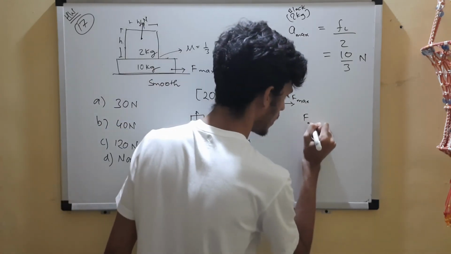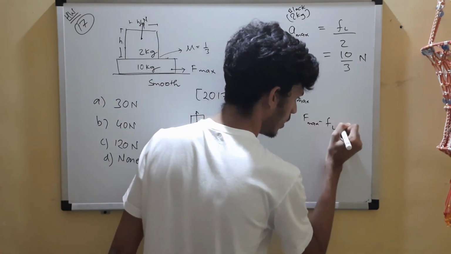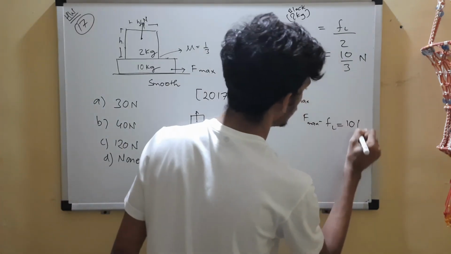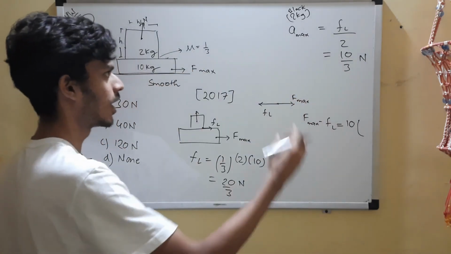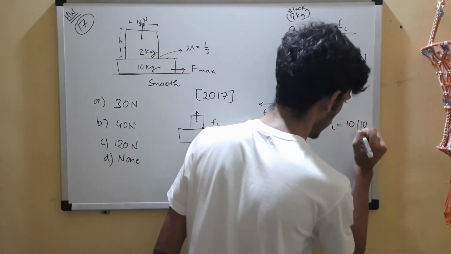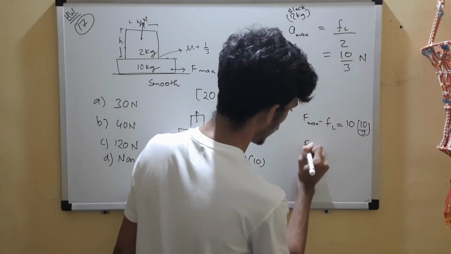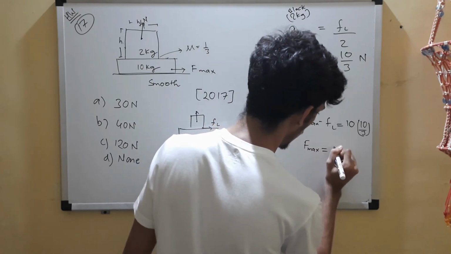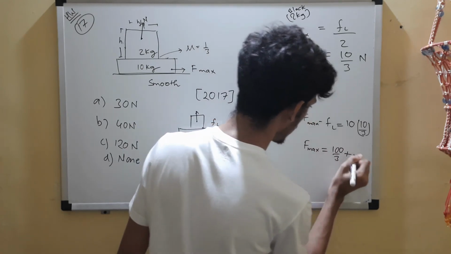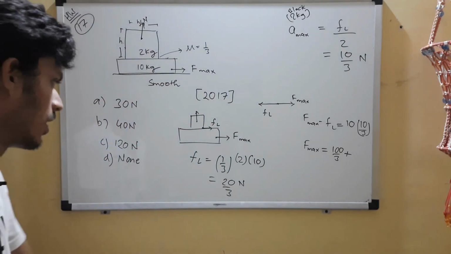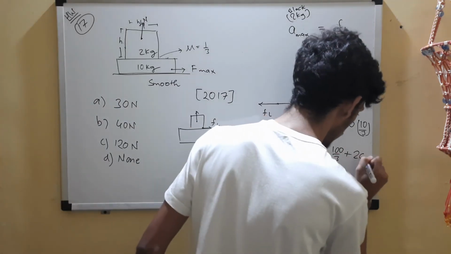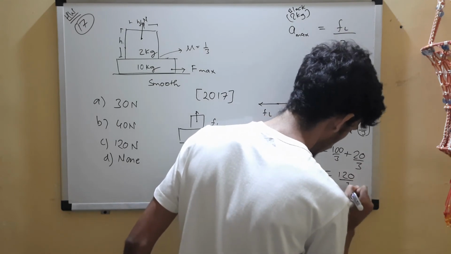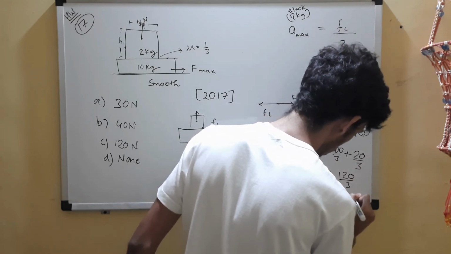F max minus FL equals mass into acceleration, and both will have the same acceleration, that will be 10 by 3. So F max will be nothing but 100 by 3 plus FL. FL is 20 by 3. So that is 120 by 3, which is 40.